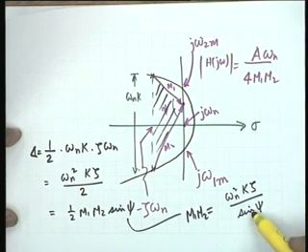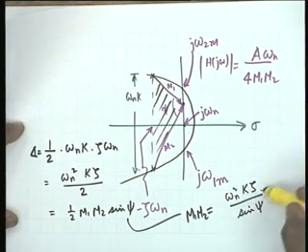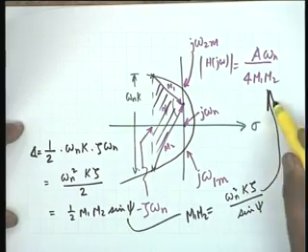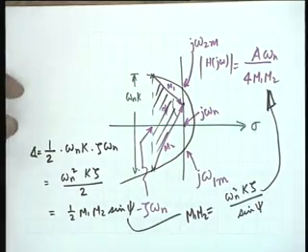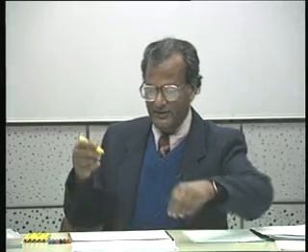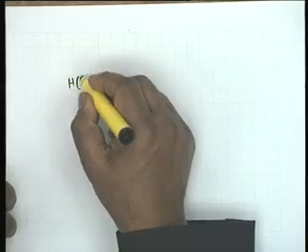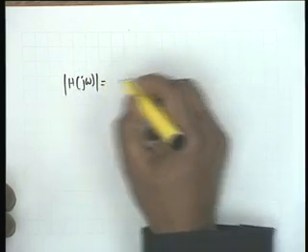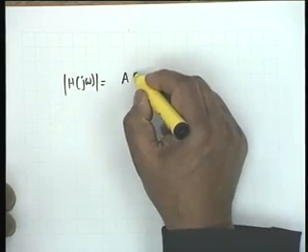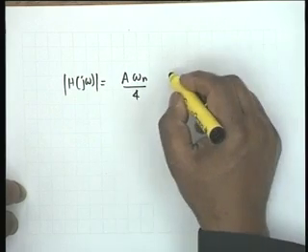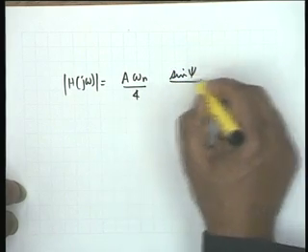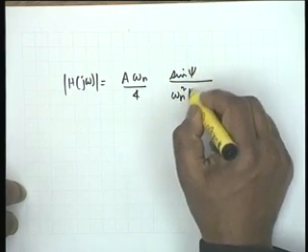Let me substitute this m1 m2 in the equation for h of j omega. If I do that, then I get the following result. I get magnitude h of j omega as equal to a omega n divided by 4, then 1 by m1 m2. So, I shall have sine psi divided by omega n squared k zeta.